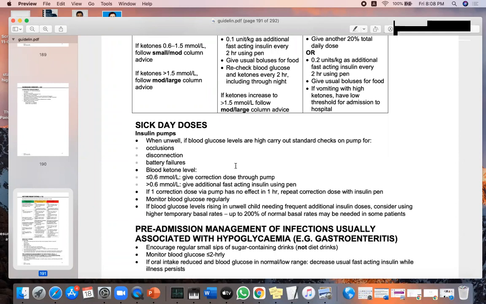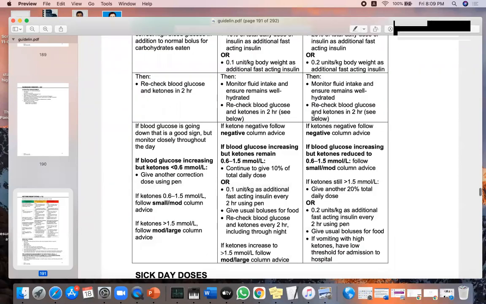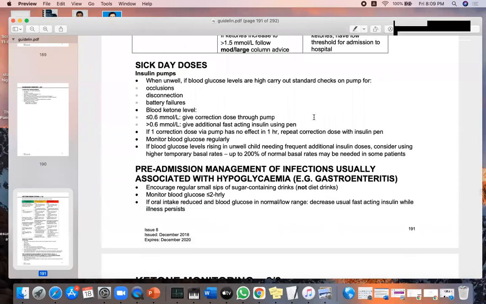Also ketone bodies: if after 2 correction doses the ketone body does not lower, see this red chart, after 2 correction doses of 20% of glucose, this is the indication for admission. Very good, Dr. Ilhama. Now let us move.